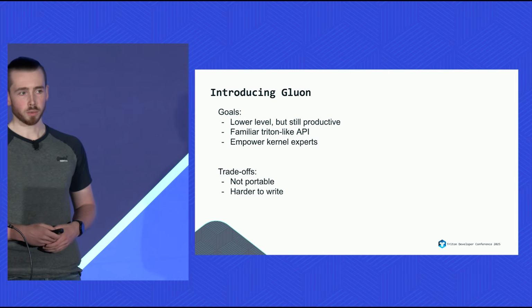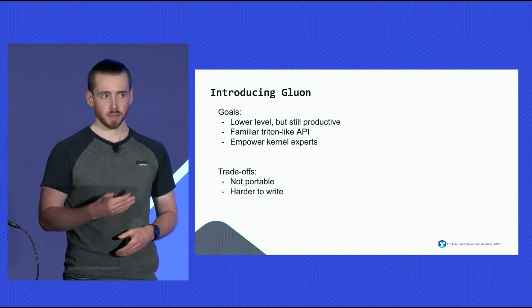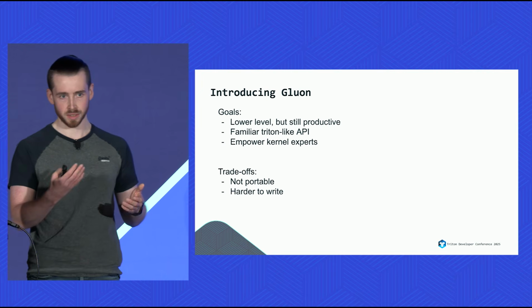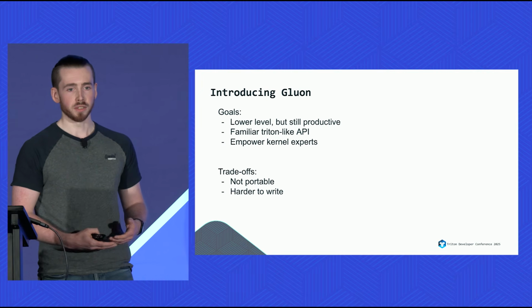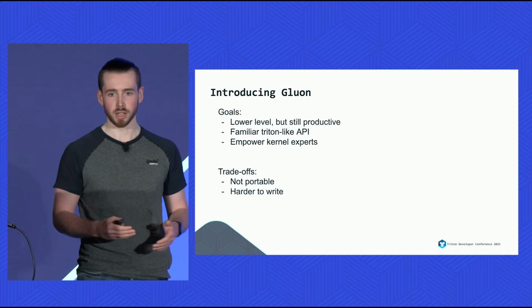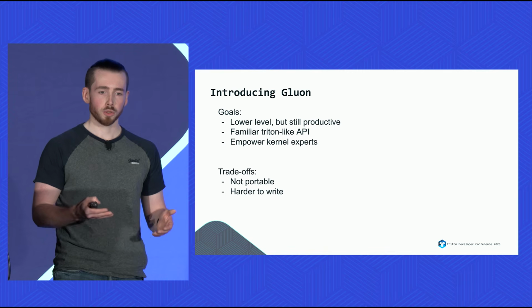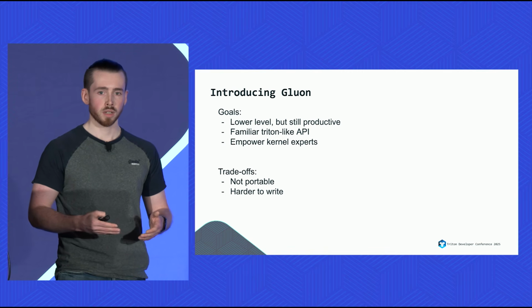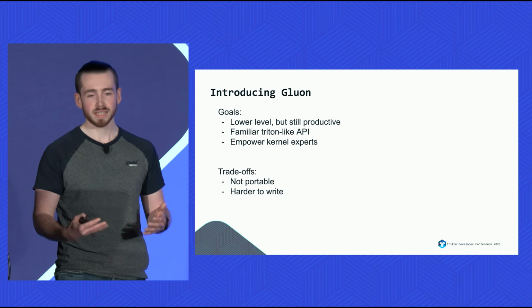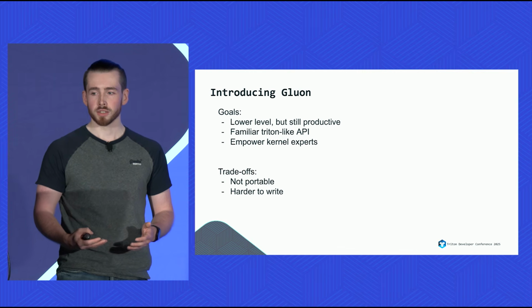So this is why we're introducing a new language, Gluon, that in some sense always existed, because it's exposing the details inside the Triton compiler, the mid-level IR that we were optimizing internally. But we're really focusing on exposing that in a way that's user-friendly and familiar to Triton users.